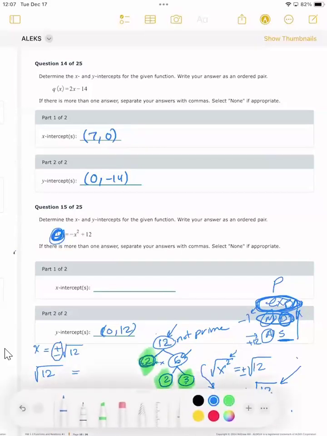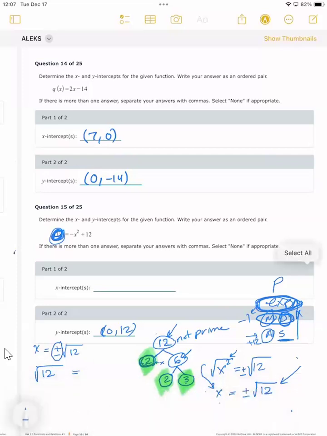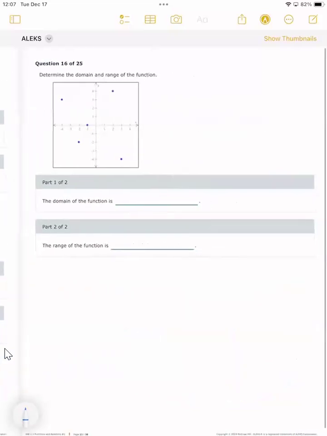Those are the bottom of the branches. So therefore you write 12 as 2, another 2, and another 3. So that's the first step. You break your 12 into its prime factors. 2, 2, 3 are the prime factors of 12.